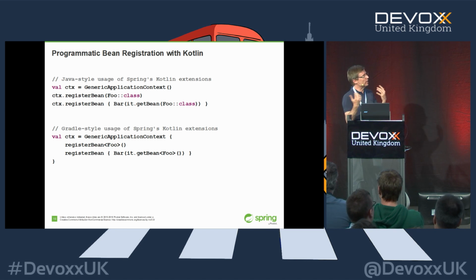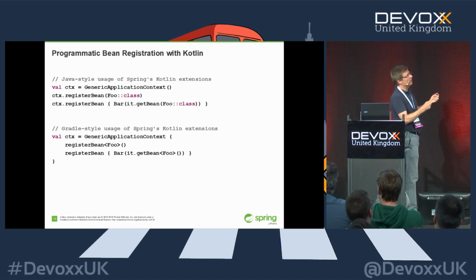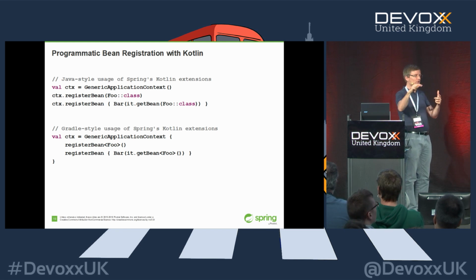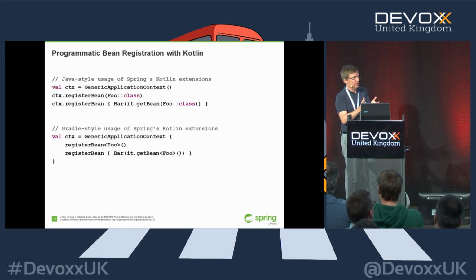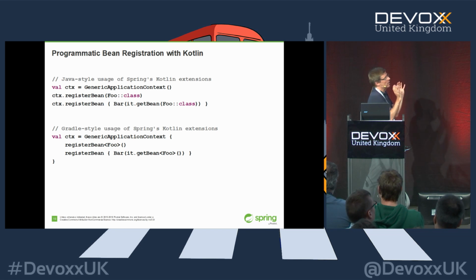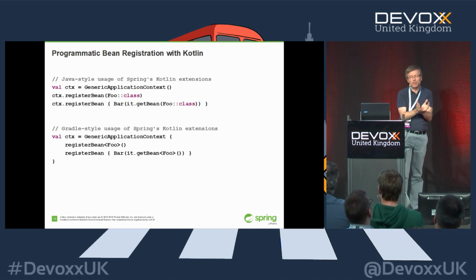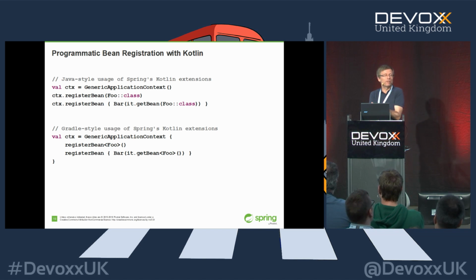So using the Kotlin extension model, like in this case, literally a GenericApplicationContextExtensions.kt file that comes in the Spring context artifact. It's ignored by the Java compiler, but whenever the Kotlin compiler sees it, you see an enriched, spiced-up version of generic application context with extra methods attached that are only visible to the Kotlin compiler and that have Kotlin-specific signatures.